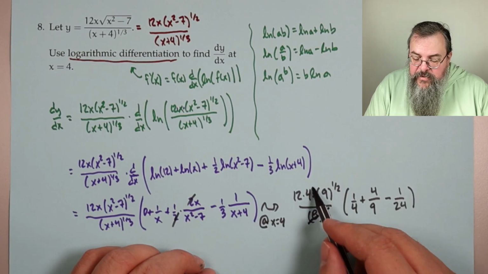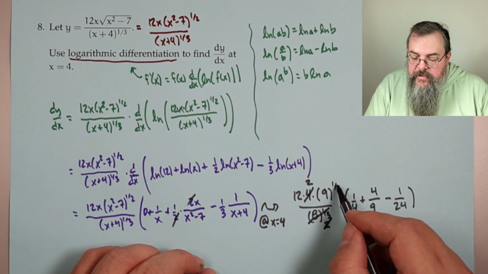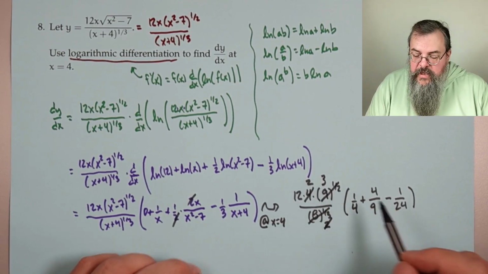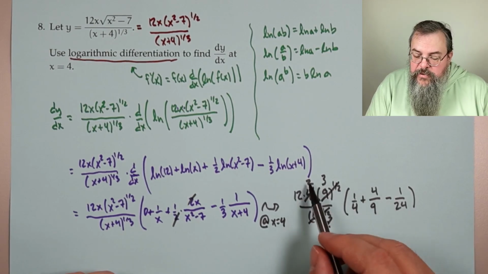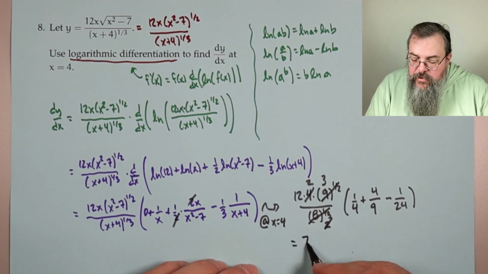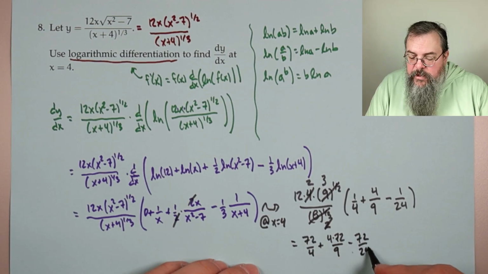Oh, I have lots of 2s upstairs. 9 to the 1/2, that's a 3. So we really have 72. 12 times 2 times 3 is 72. So this is the same as 72 over 4 plus 4 times 72 over 9 minus 72 over 24.